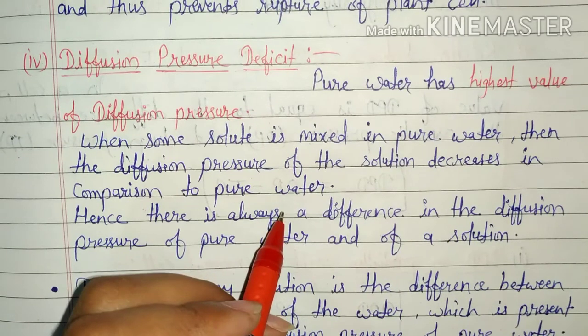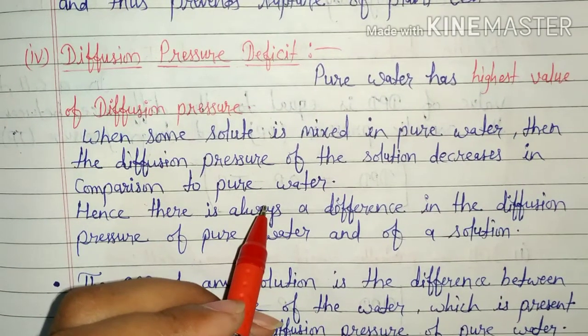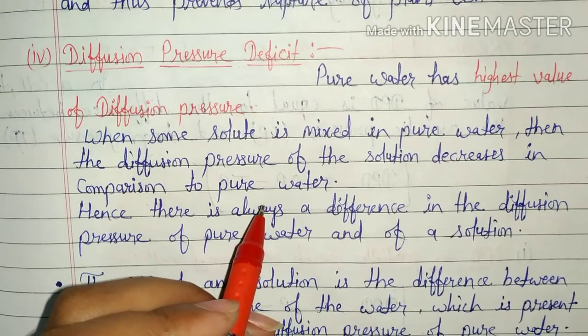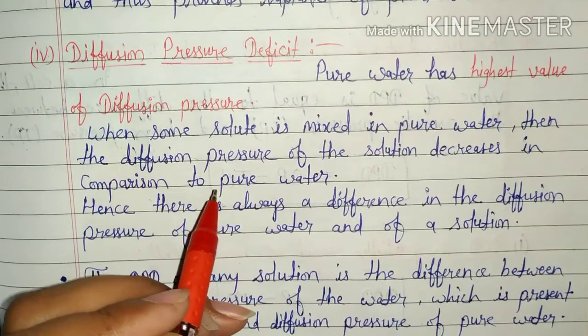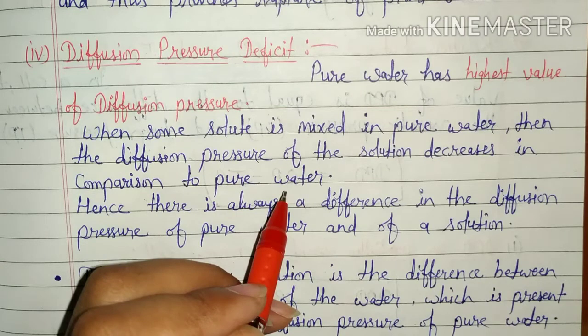It means when some solute is mixed in pure water, then pure water converts into a solution, and the diffusion pressure of the solution is low compared to pure water or solvent molecules.